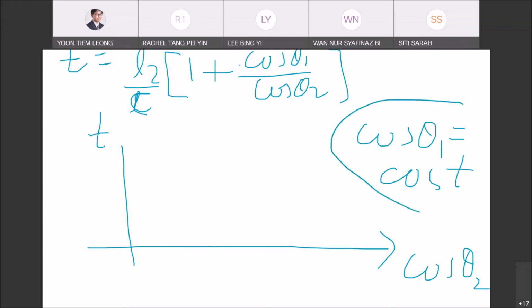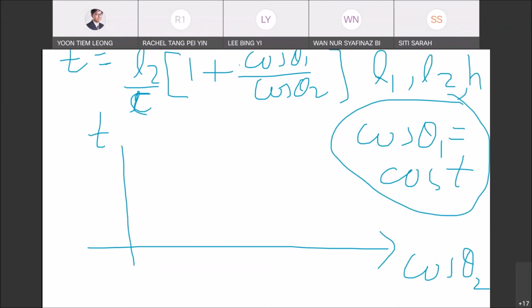So when theta 1 is held constant, L1 and L2 are also held constant, as is the value of the height. They are all held constant, and only cos theta 2 is allowed to vary.